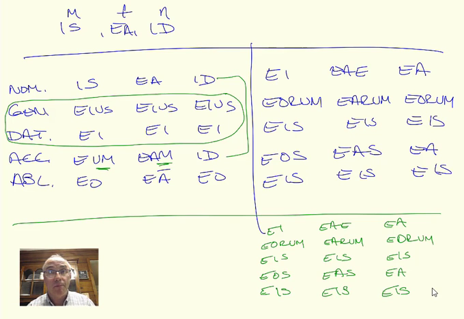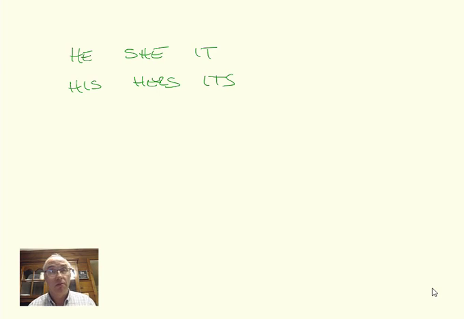Memorize these forms. It's not as terribly complicated as it seems, but there's one thing I want to point out to you. What do these mean? In the singular, is, ea, id is he, she, or it. His, hers, or its.